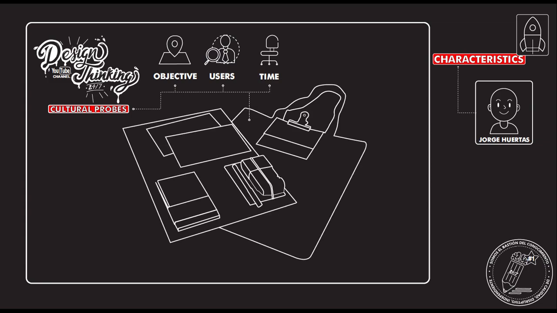So usually we give a package. This package could have different things so they can collect as much information as possible. So paper, if they wanna draw something, if they wanna write a specific idea or something they're seeing, that's very good. Post-its as well, very important to have post-its.